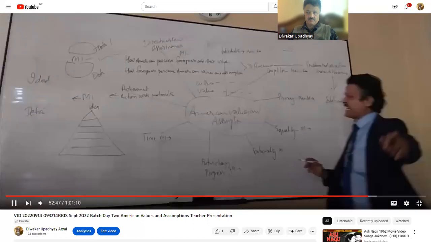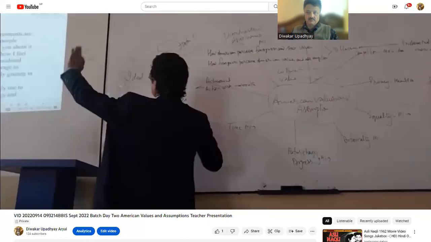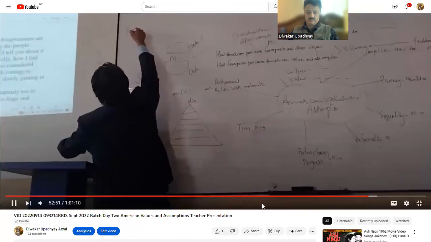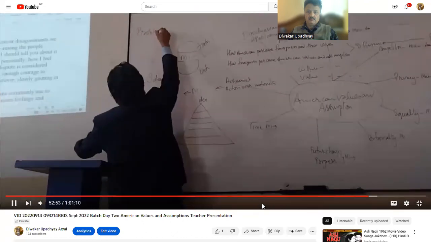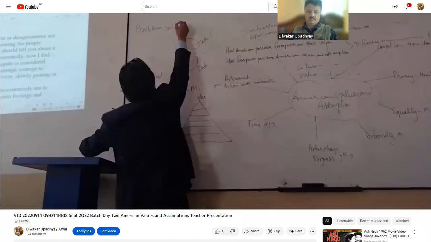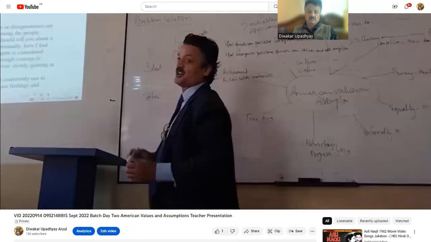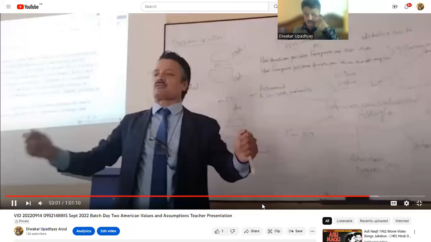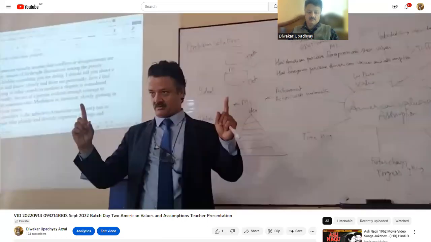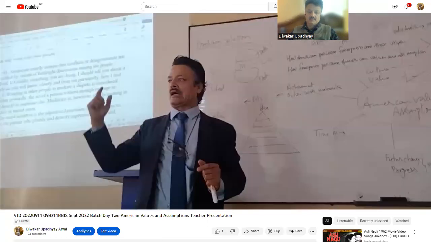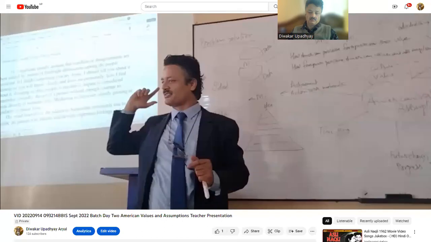So you can say this chapter has a problem solution structure. Problem, intercultural miscommunication. Solution, learn these 9 values.